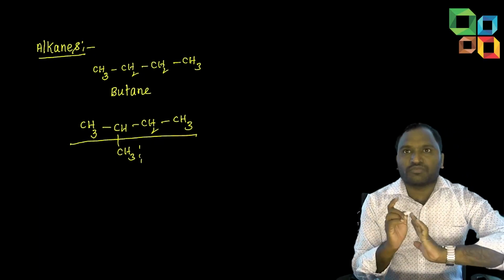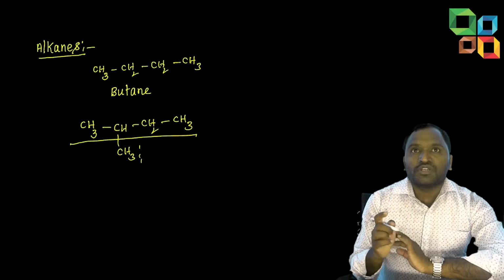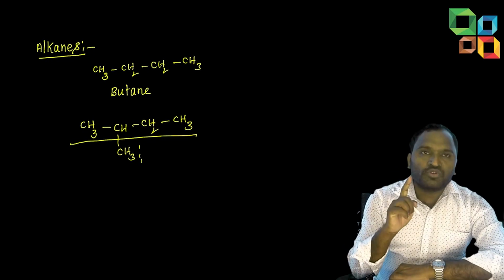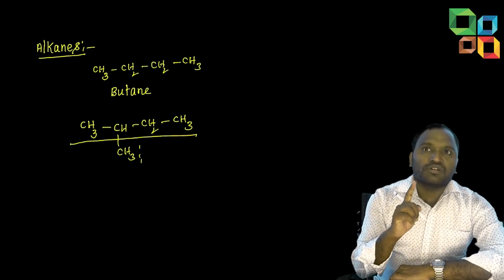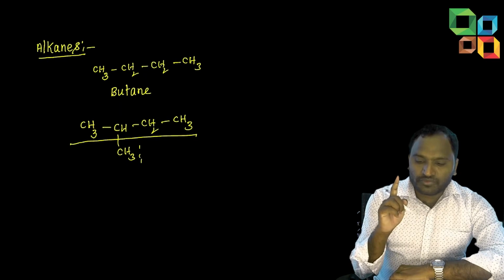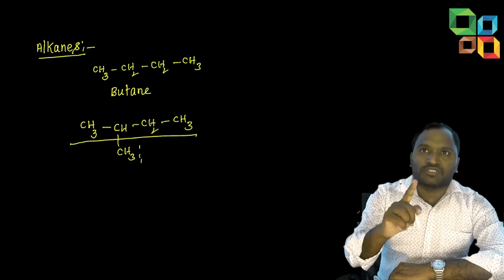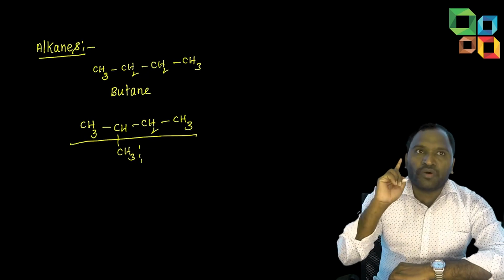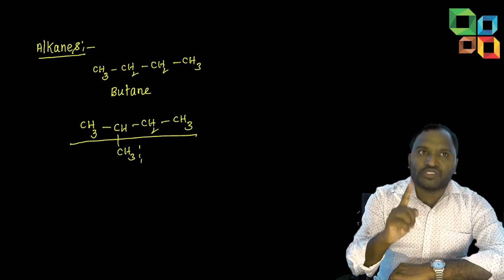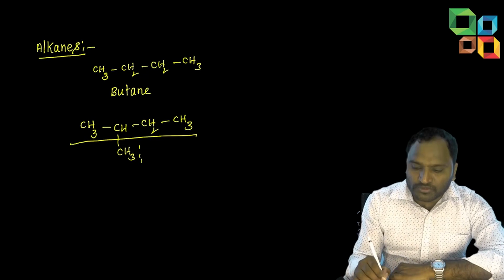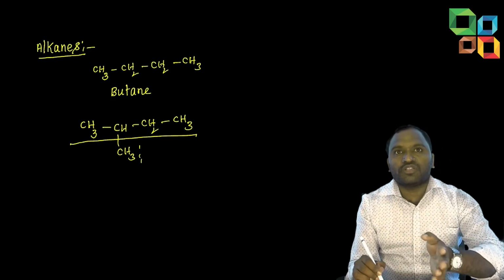Numbers where to give? From which side we have to give? Every time we have to give the number in such a way that the substituent should get lowest number. This is called lowest locant rule. For the substituent, we have to give the lowest number.